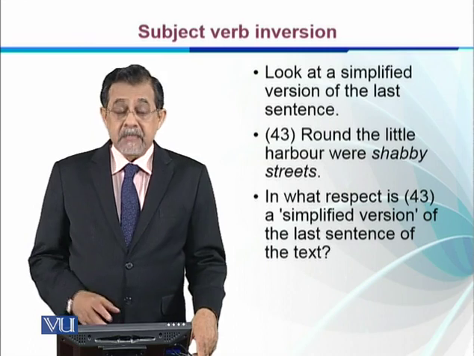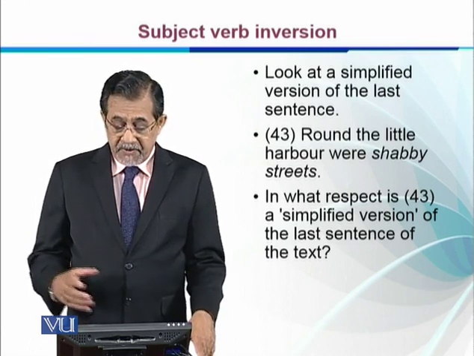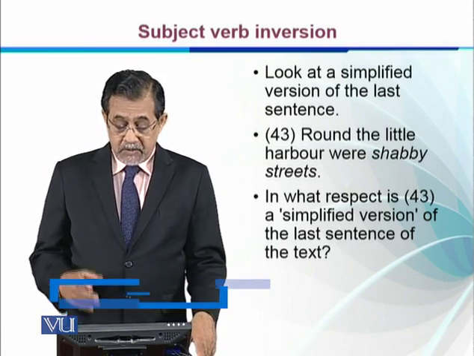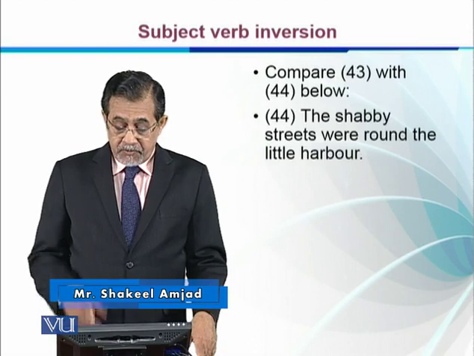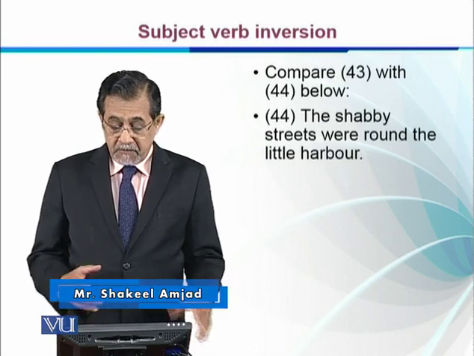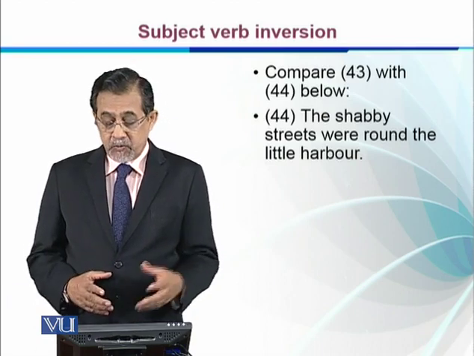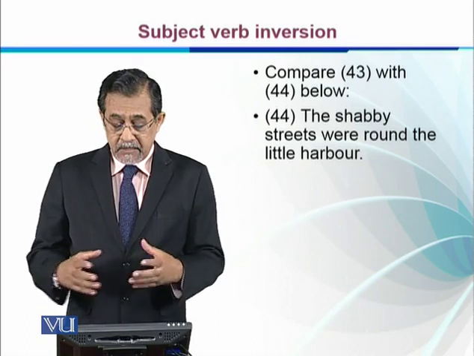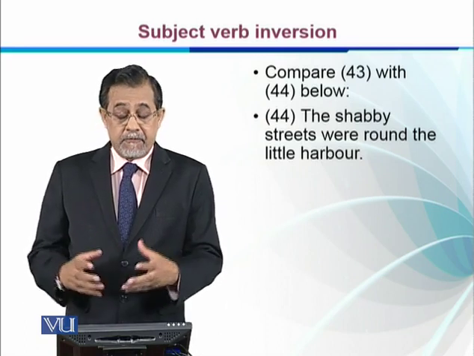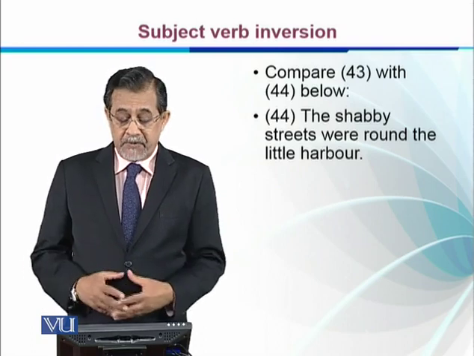In what respect is 43 the simplified version of the last sentence of the text? Let's compare both 43 and 44. The shabby streets were round the little harbour. So actually the subject of the sentence is the shabby streets, a noun phrase, and were round the little harbour is a verb phrase.